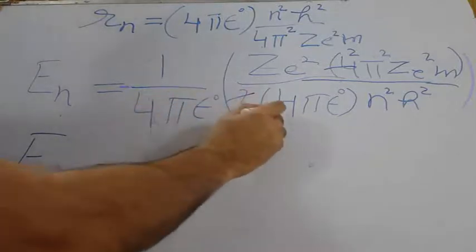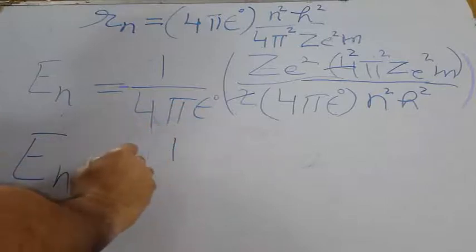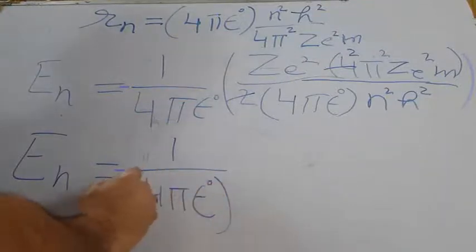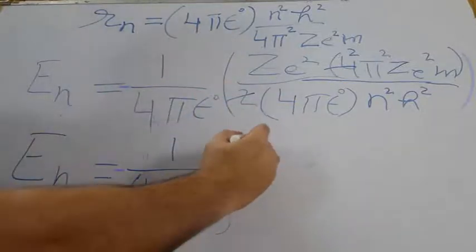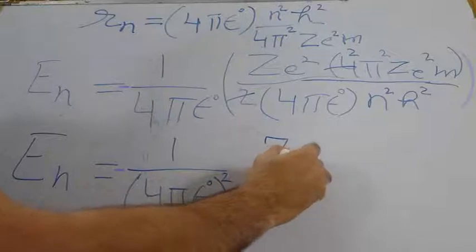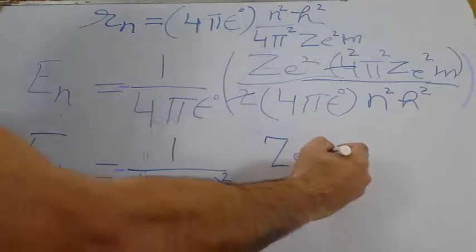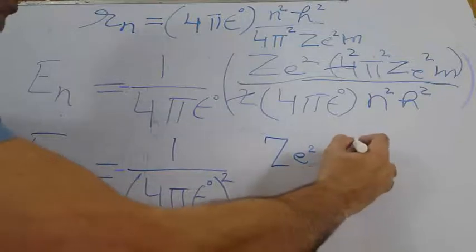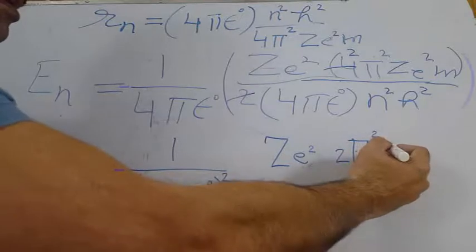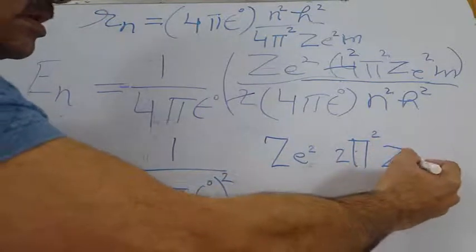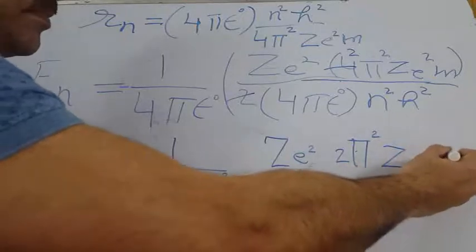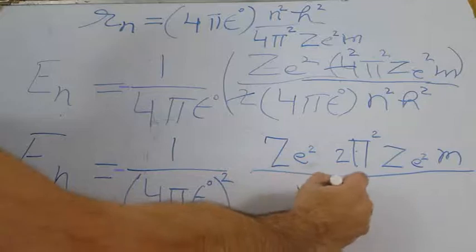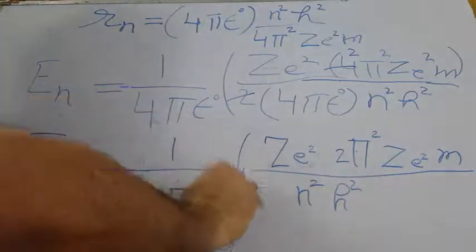Then this is 4 pi epsilon 0, this is 4 pi epsilon 0, it would be 1 upon 4 pi epsilon 0 whole square, and this is Ze square into 4 pi square Z e square m upon n square h square.